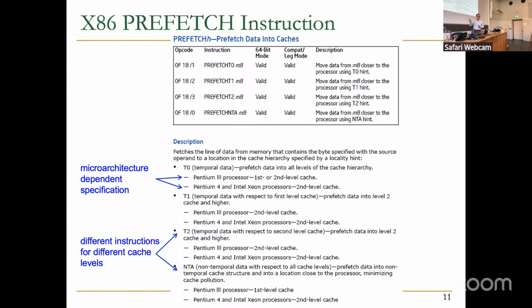Okay, and then there's another issue, like if you implement this, this is a speculative instruction, right? There's no requirement that you should complete this instruction. So if a hardware designer is running out of time to design and verify a processor, what should they cut? They cannot implement everything. They can cut the prefetch instructions.